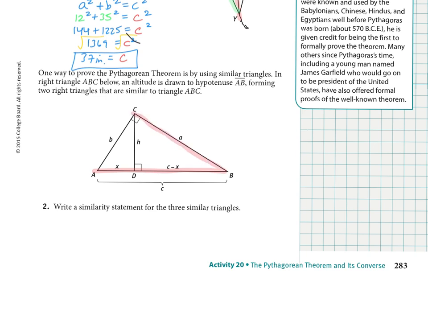When we're looking at triangle ABC, we focus on this right angle last, wherever that's placed. So I know I'm going to start off with triangle ABC, and when I'm saying it's congruent to another triangle, I have to make sure I follow that same order where I list the right angle last.